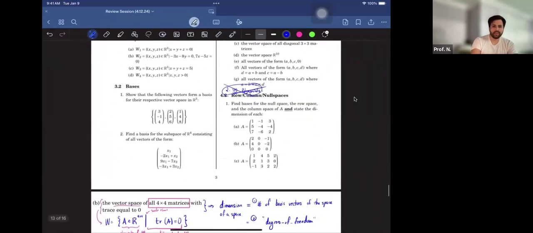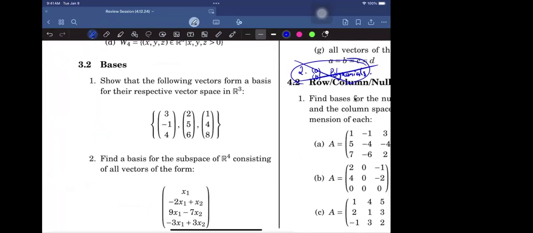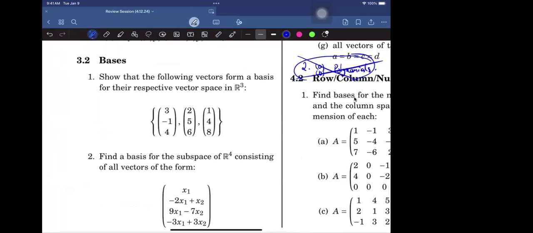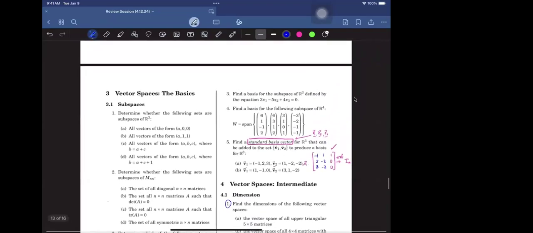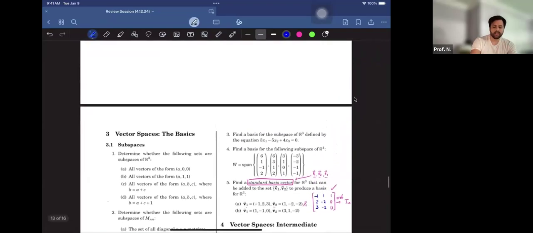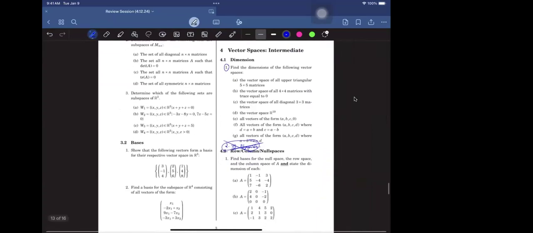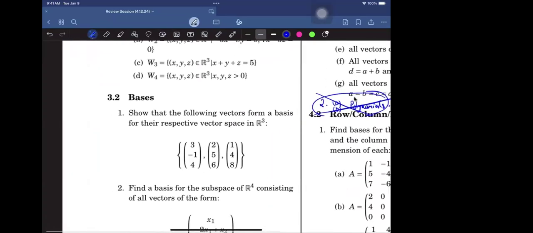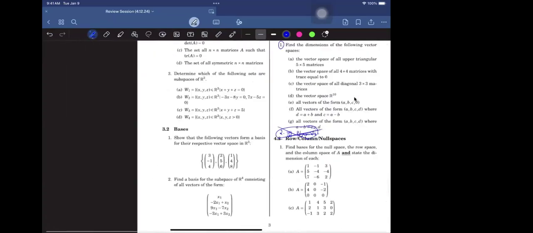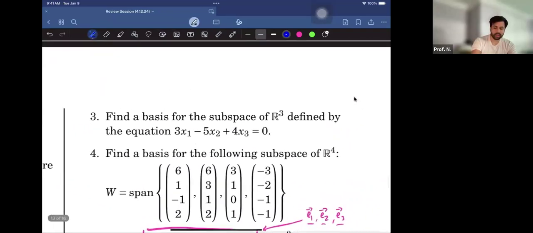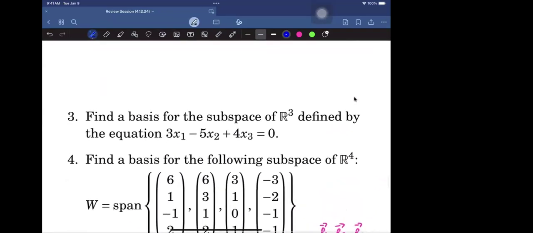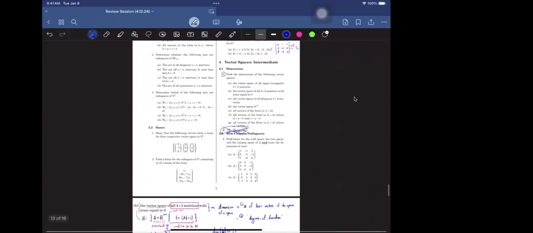Or were you talking about this one, 3.1? The one under it. Oh, was I looking at the wrong one? It's 3.2 number 2. Oh, it says number 2 on this sheet, but it's the one under it. This one. No, other side. This one.